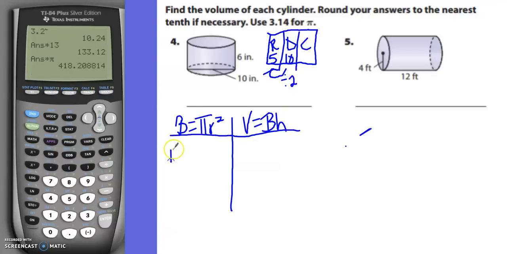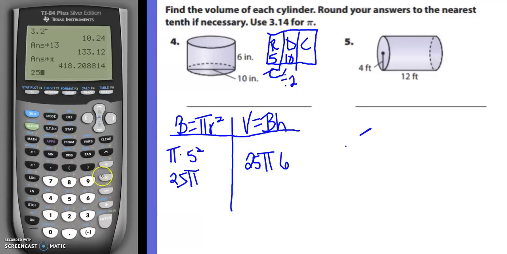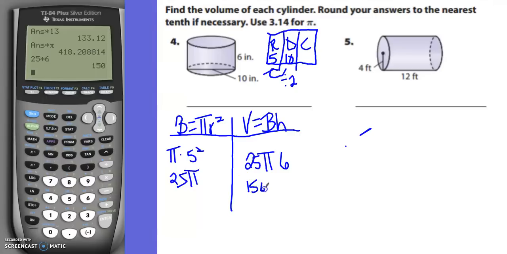So we have pi times 5 squared. 5 squared is 25, so 25 pi. 25 pi times the height, which is 6. So 25 times 6 is 150. So we're going to do 150 times pi.